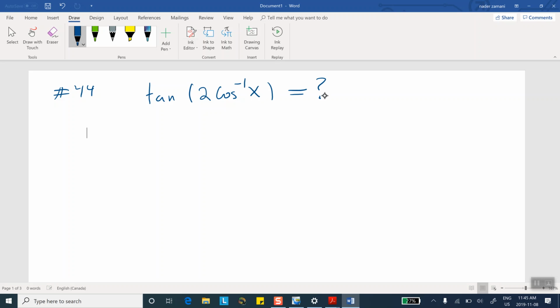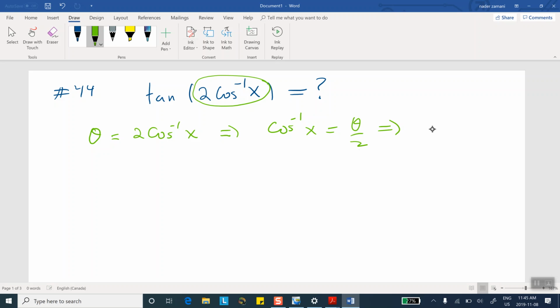What is it in terms of x algebraically? Just like before, I'm going to call this theta. Theta equals 2 cos inverse of x. That means cos inverse of x is theta over 2. That means cosine of theta over 2 is equal to x.